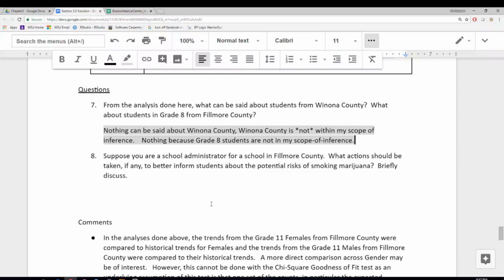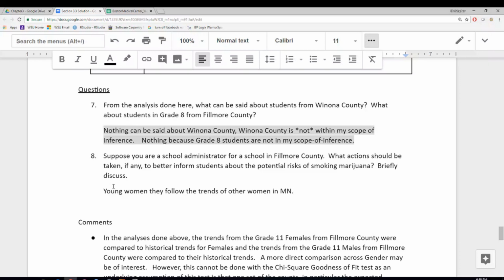How about the next question here? Suppose you are a school administrator for a school in Fillmore County. What actions should be taken, if any, to better inform students about the potential risks of smoking marijuana? Well, let's think about this. For the young women, they follow the trends of other women in Minnesota.